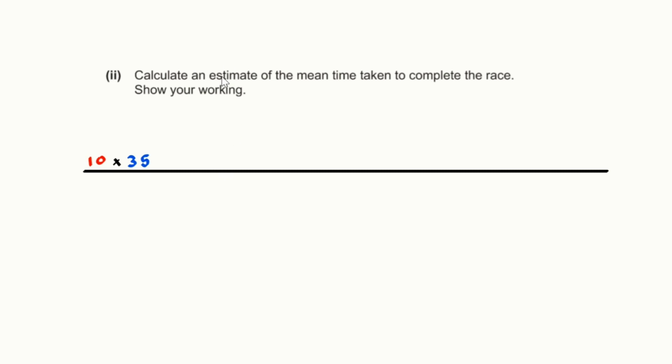We have the 20 being multiplied by 42.5. We've got the 30 being multiplied by 47.5.